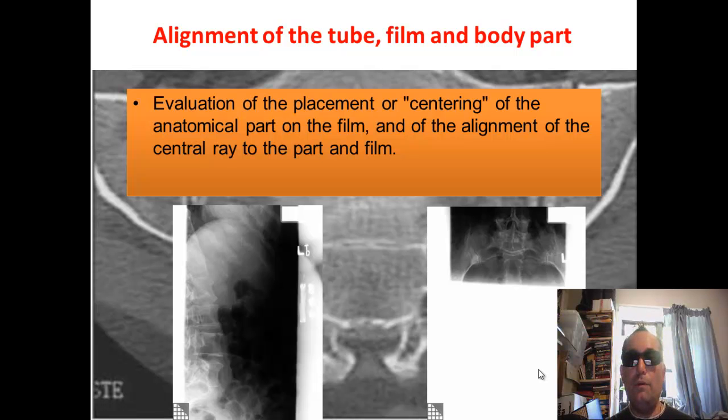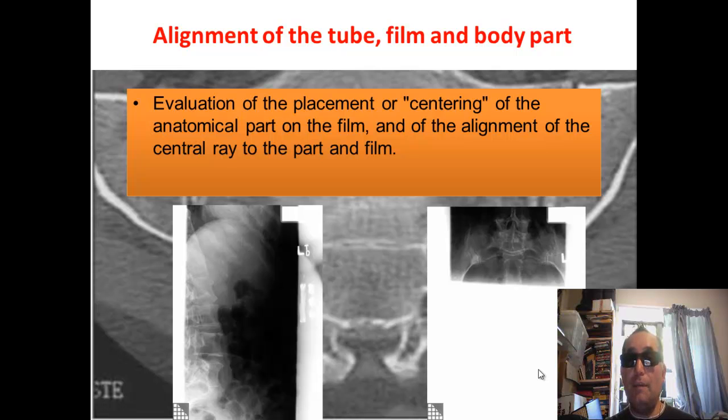Alignment of the tube and the film, or in a more modern department, the CR, or the flat panel detector. Positioning is nice. It's nice to have accurate positioning. In fact, it's required. Centering and alignment is also a requirement.